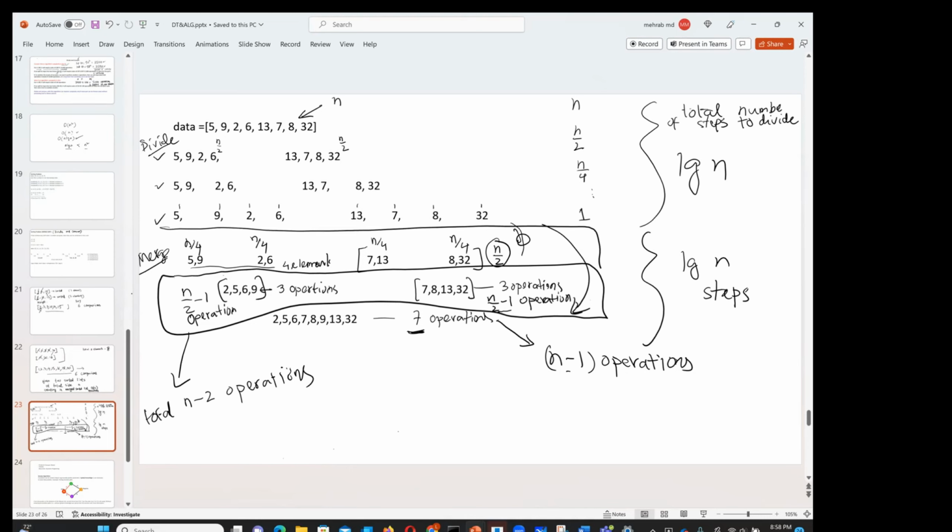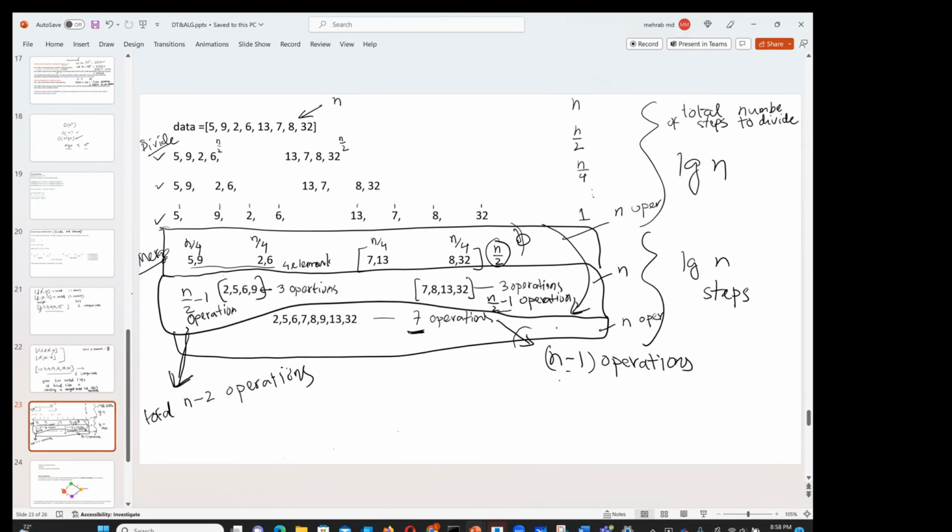We had 1 step, 2 steps, and then 3 steps, right? We found we had n minus 2 merge operations here, n minus 1 merge operations here. Just to simplify, can I just say I had n operations here, n operations here, n operations here?